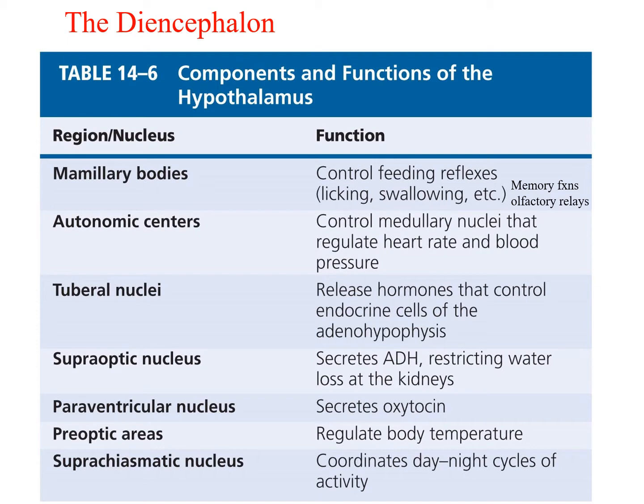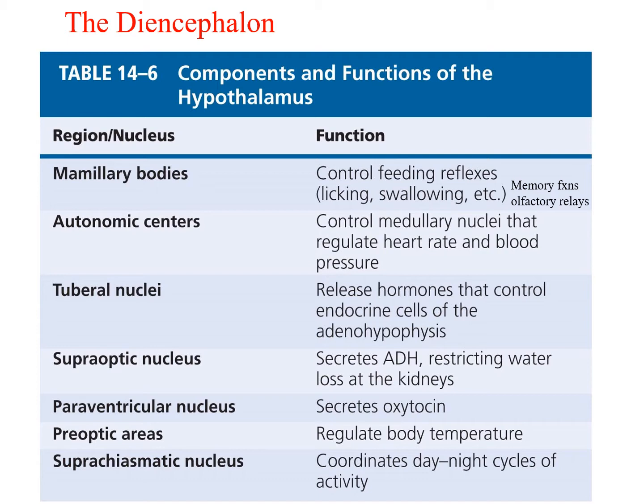The tuberal nuclei release hormones that control the adenohypophysis, which is basically the anterior pituitary. The supraoptic nucleus secretes antidiuretic hormone, which helps regulate water loss of the kidneys. The paraventricular nucleus secretes oxytocin, which, along with ADH, is the other posterior pituitary hormone.